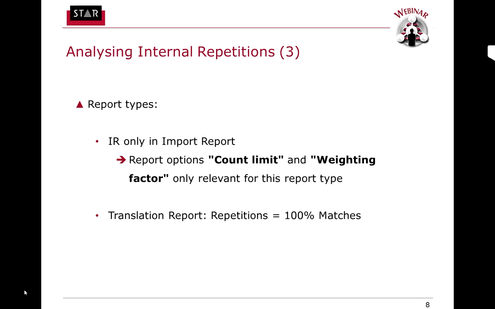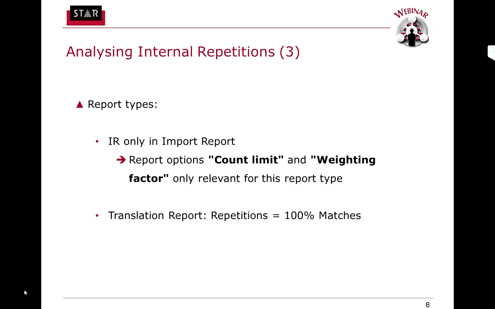So the report options for internal repetitions, which we're going to have a closer look at in a minute, the options count limit and weighting factor, are only relevant for the import report. If you choose a translation report, then repetitions will be counted as 100% matches.